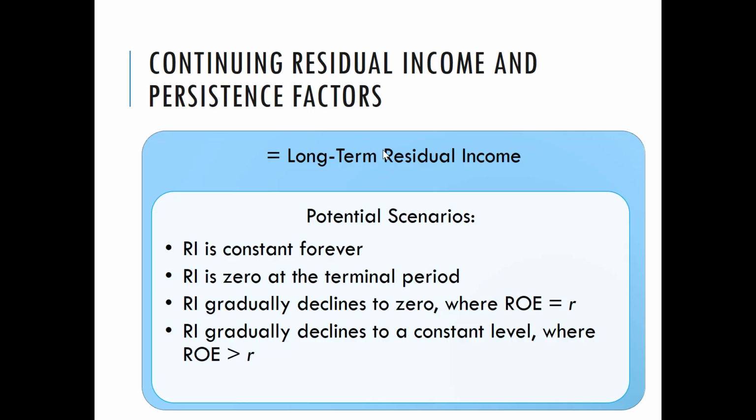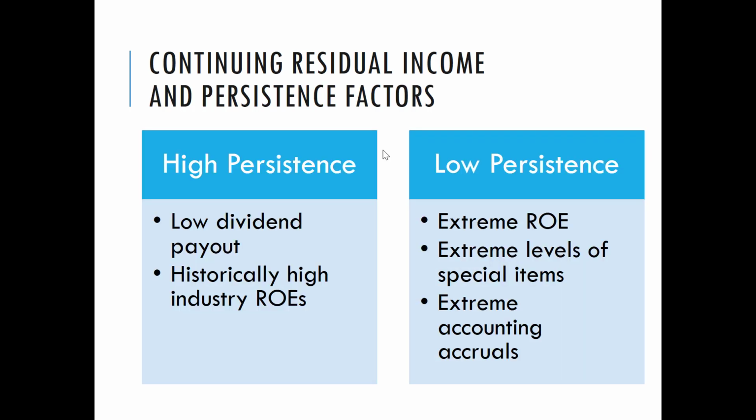There are a few different scenarios here: we could assume that residual income will stay the same forever, it might decrease to 0 after the next year, or it might have a gradual decrease. Usually in real life, there's some form of gradual decrease, which we tend to call persistence. So the higher the persistence, the less it decreases over time, whereas a low persistence means that it drops in the next period quite dramatically.